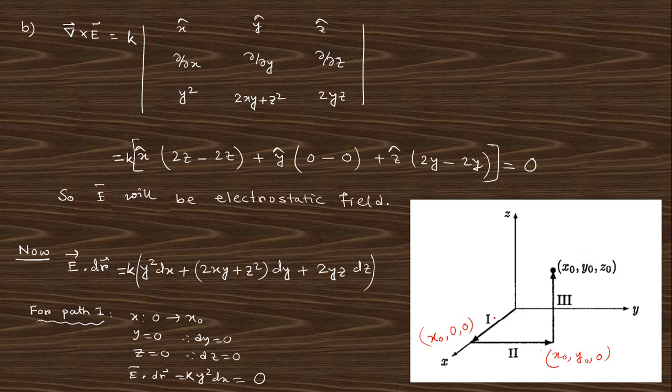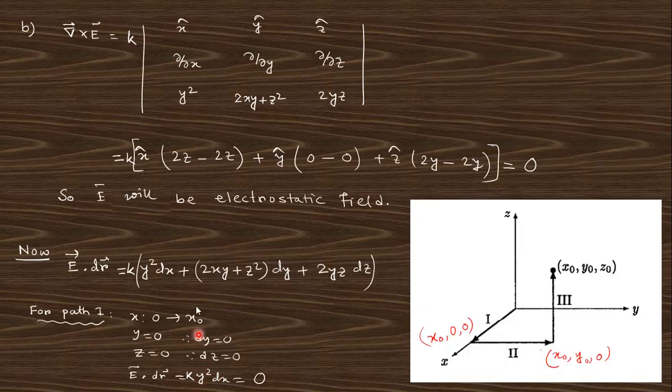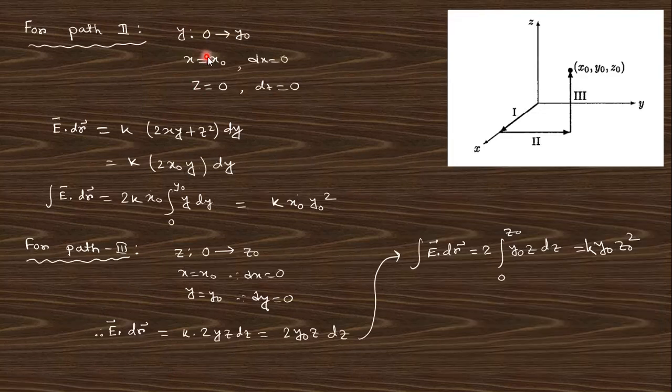For path 1, only x changes from 0 to x0, and y is 0 and z is 0, so dy is 0 and dz is 0. You get only the y square dx term, and since y is 0, this becomes 0. So for that part the line integral will be 0.